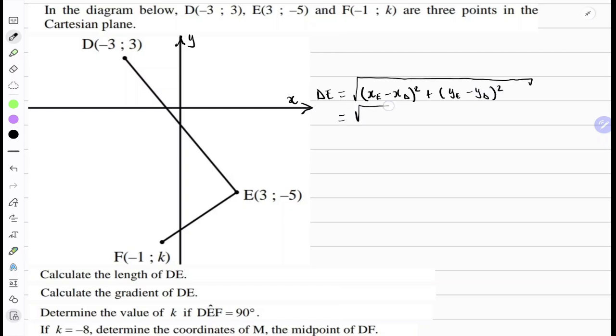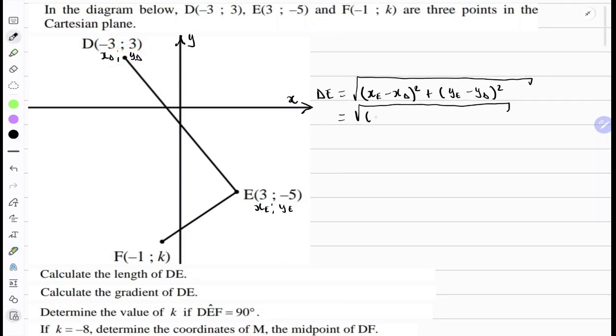And this is equal to, so in the schematic, xe and ye correspond to 3, -5. I've used e as subscripts that correspond to the point E, and same for xd and yd, they correspond to -3 and 3. So if we substitute, (3 minus -3) to the whole squared plus (-5 minus 3) to the whole squared.